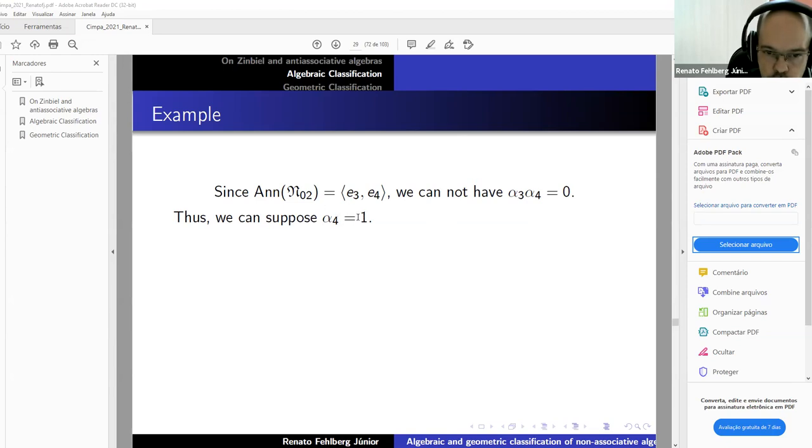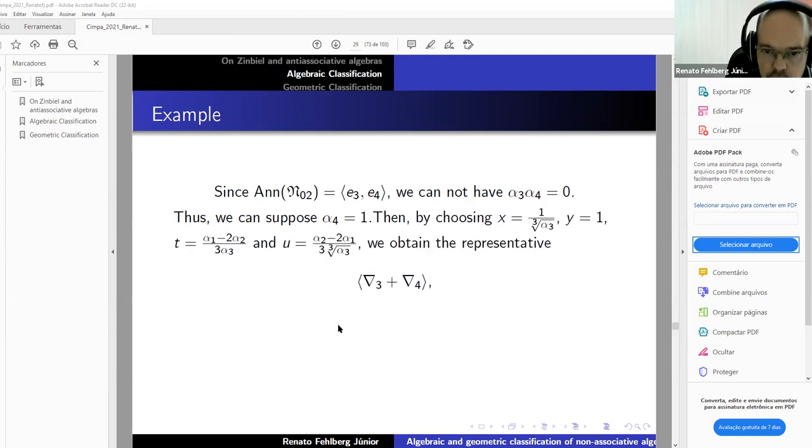So we consider alpha_4 equal to 1. And if you choose x, y, t, and u in the automorphism, and the other entries equal to 0, we will obtain only one representative that is generated by this element, 3 plus 4.